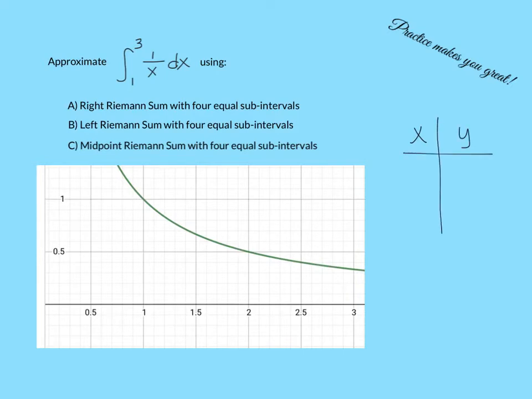Plug in all the x values that you'll eventually be using. Then figure out what your y values are using your function. Okay, those are your hints. Go ahead and pause the video, do A, B, and C, and then click back on to check your answers.